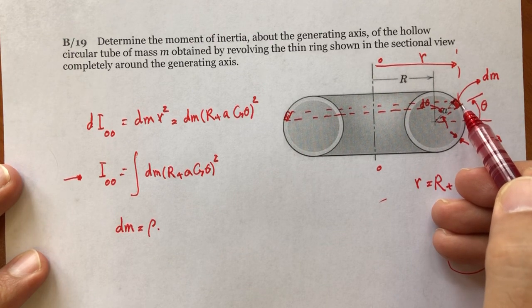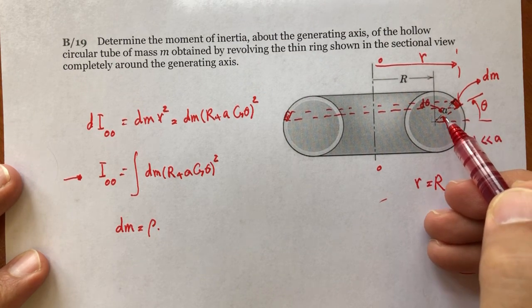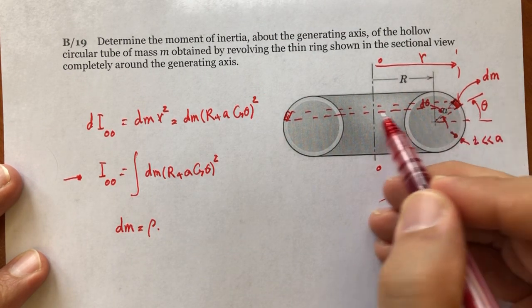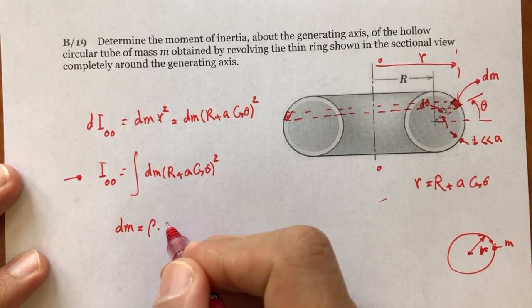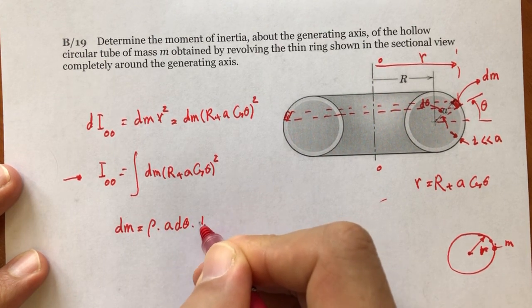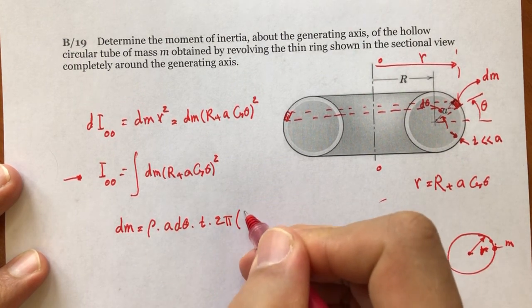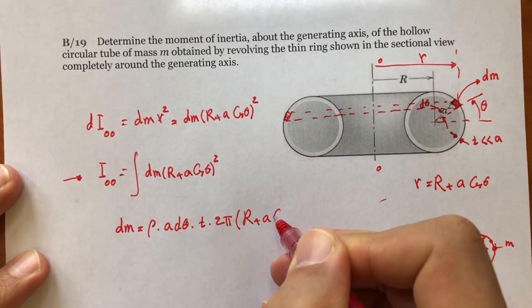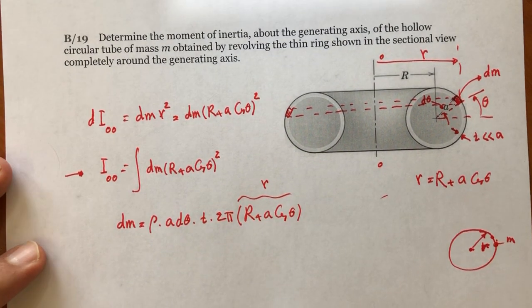It's going to be thickness t times the length of this arc, which is a times dθ, then multiplied by the circumference of that ring, which is 2π r. So it's going to be a dθ times the thickness t times 2π (r + a cos θ). This is r, the radius of that ring.